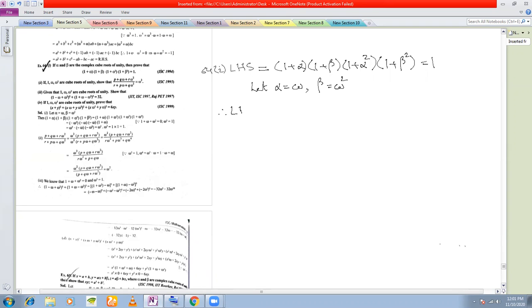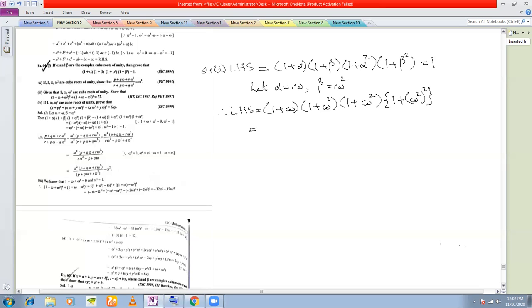Therefore, what does the left hand side become? 1 plus omega, 1 plus omega square, 1 plus alpha is omega, so this becomes omega square, and this becomes 1 plus beta is omega square square.